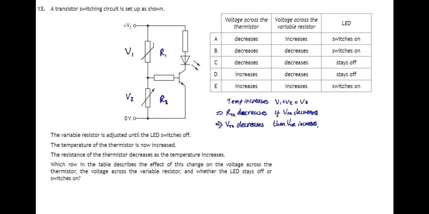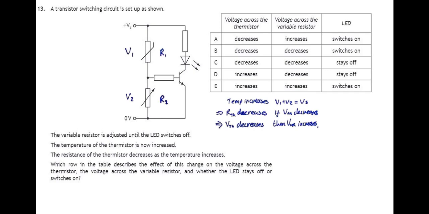Now, in this type of circuit, it is the bottom voltage, the base emitter voltage as it's called, the bottom voltage on the potential divider, which controls what happens in the transistor switch. And since the voltage across the variable resistor is increasing, it is more likely that the transistor will turn on, because when the voltage across the bottom resistor goes above the switching voltage of the transistor, usually 0.7 volts in this case, it will turn on.